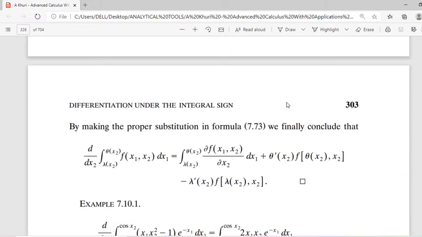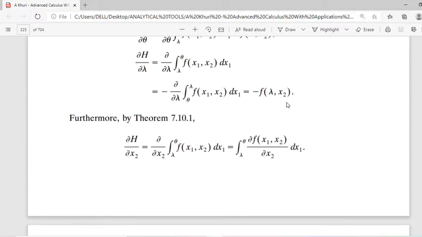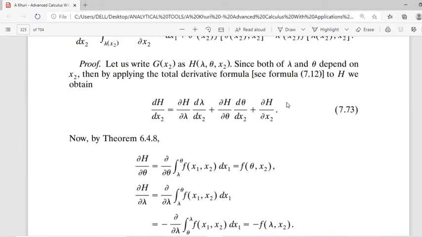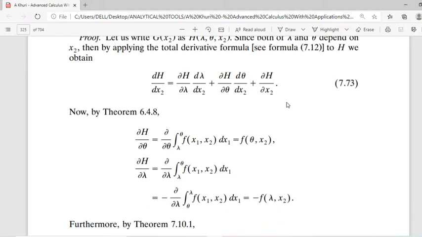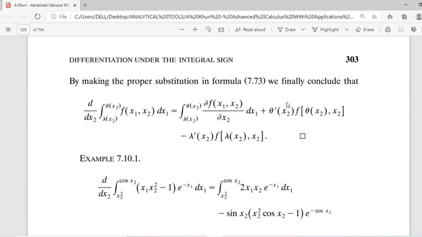Making proper substitution in formula 7.7.3, we can conclude the following. Let us substitute that result. What is h?